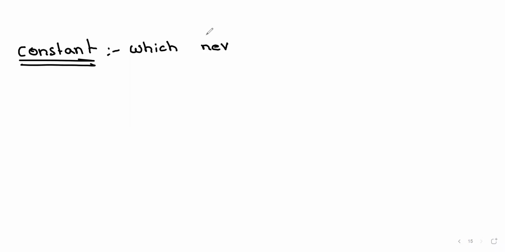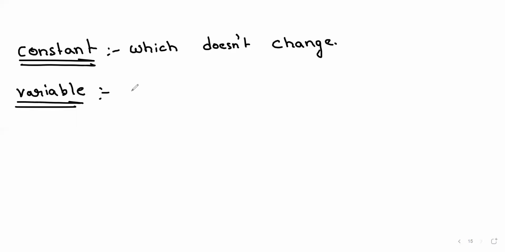Now look here. Constant means which doesn't change. Clear? Okay. Variable means it changes.